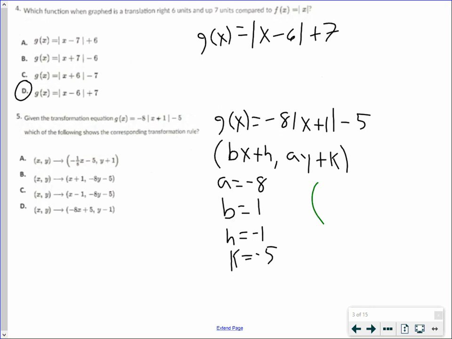It's b, which is 1, times our x, plus h, which is -1, comma a, which is -8, times y first. So -8y. And we're going to add k to that. Our k is -5, so it's -8y minus 5. So our answer to number 5 should be C.